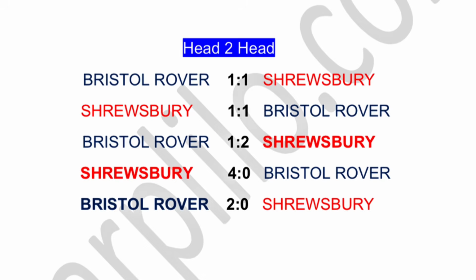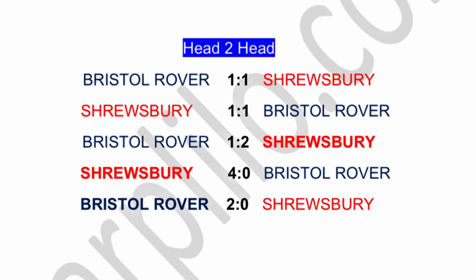Now head to head for Bristol Rovers and Shrewsbury, we have 1-1 the first time they met, 1-1 again the second time, 2-1 the third time, 4-0 the fourth time, 2-0 the fifth time. You can see this is a good game.